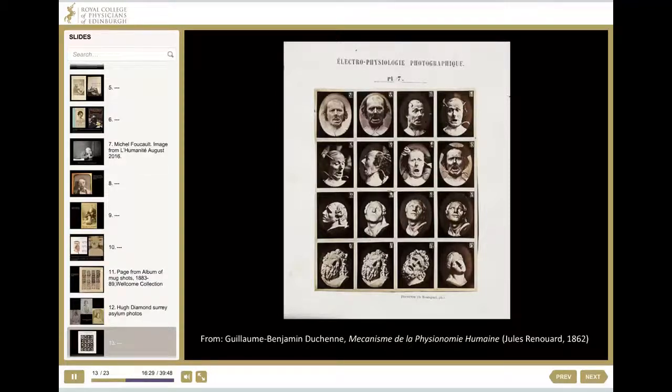These could then be used to decide if someone, based solely on their facial expressions, were mentally stable and in some cases even criminally insane. Duchenne believed that the face and its expressions were linked to the soul, specifically that facial expression provided, quote, accurate rendering of the soul's emotions.